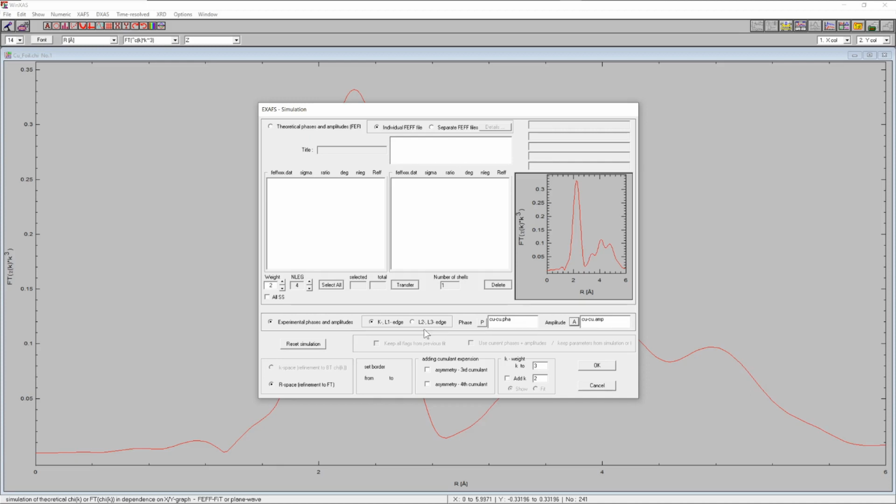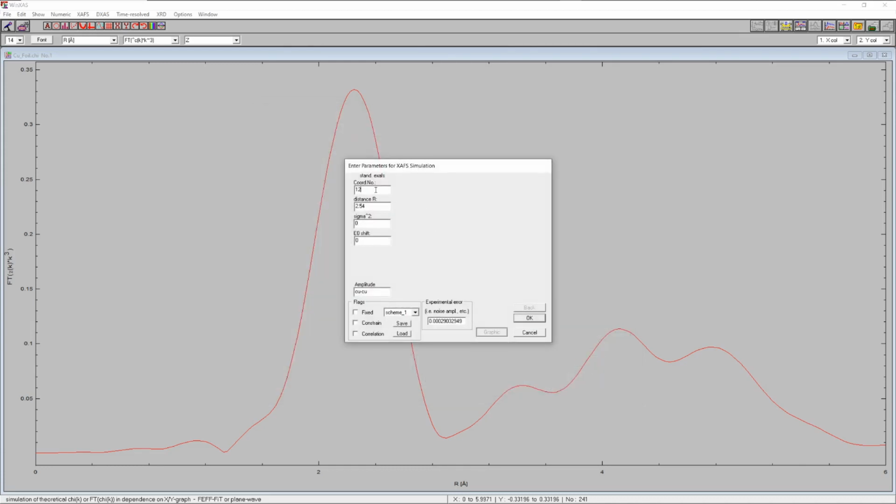So this is only a simulation, so we do not need to bother with the other settings in this box. Okay, those are the parameters for the simulation, coordination number and distance. Those are the crystallographic values that we used to calculate the experimental phase and amplitude, and those have been saved together with the phase and amplitude.